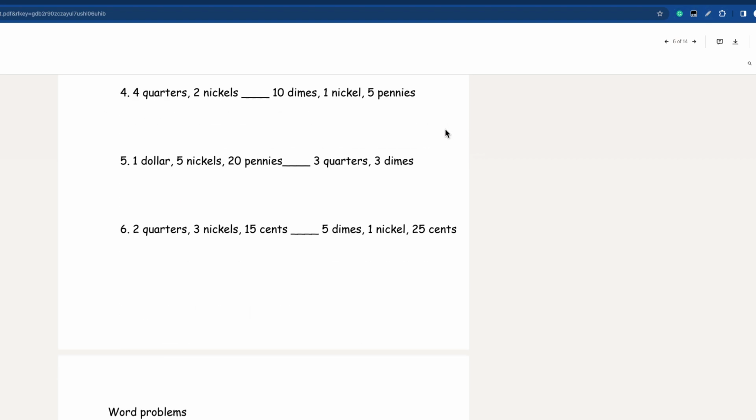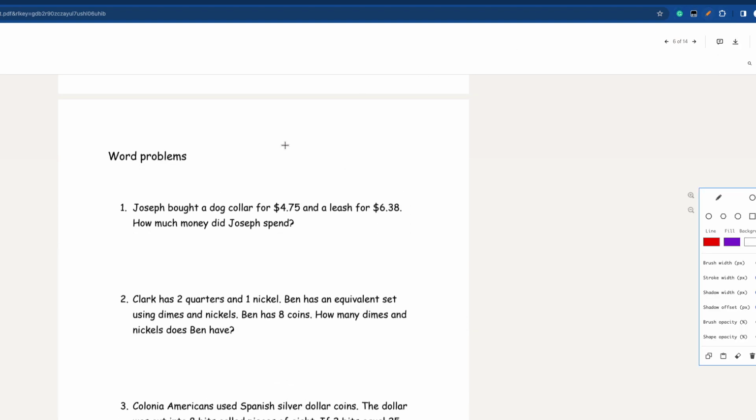All right, moving on to word problems. Do 2 of these. Joseph bought a dog collar for $4.75 and a leash for $6.38. How much money did Joseph spend? We just add these together. $4.75 plus $6.38.